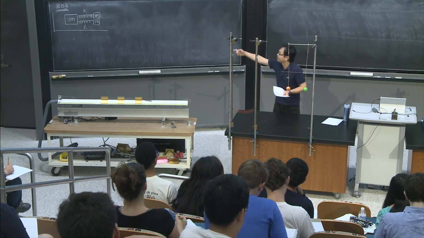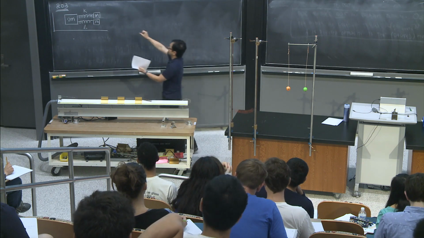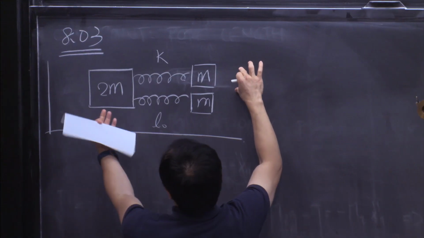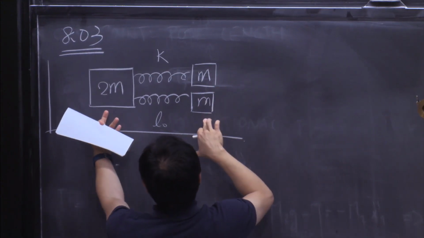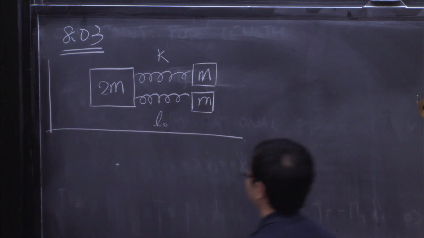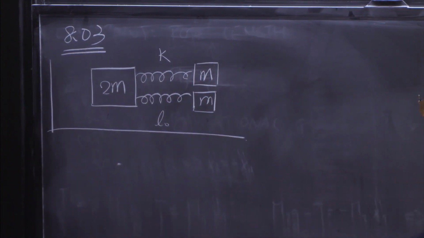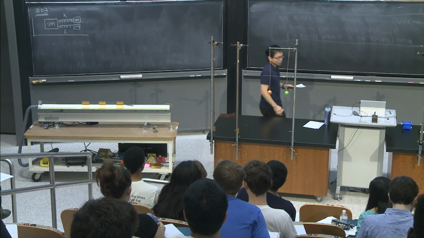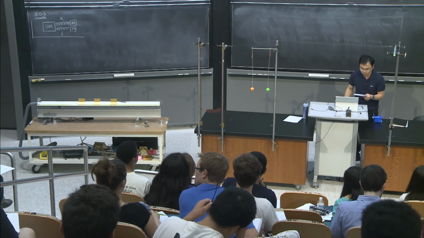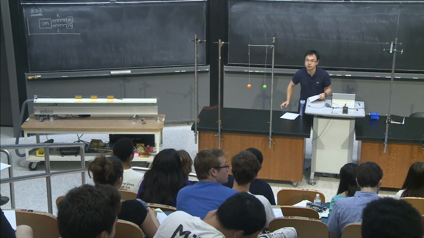For example, you can just move one mass and hold the other 2, and they can oscillate like crazy. There are many, many possibilities.